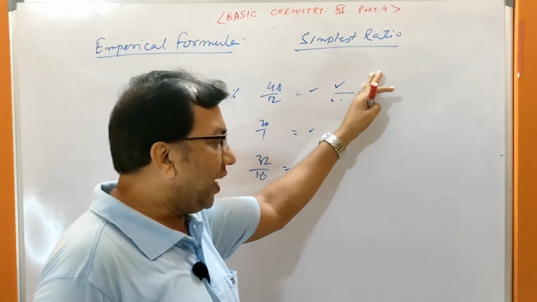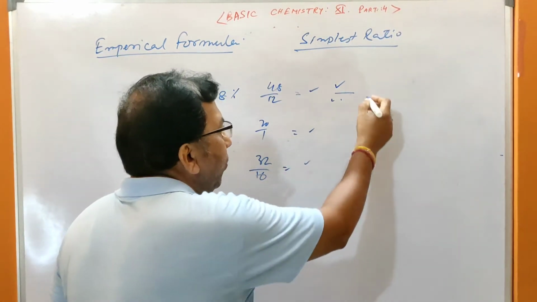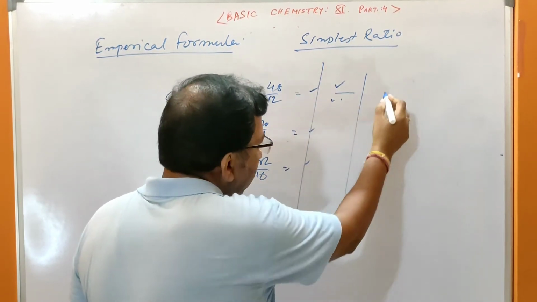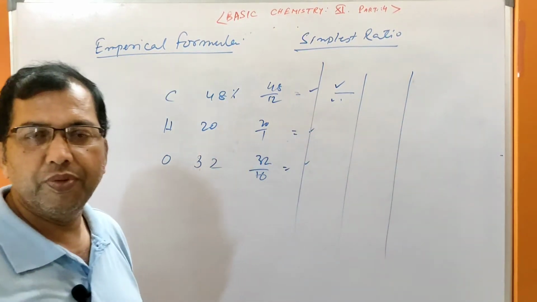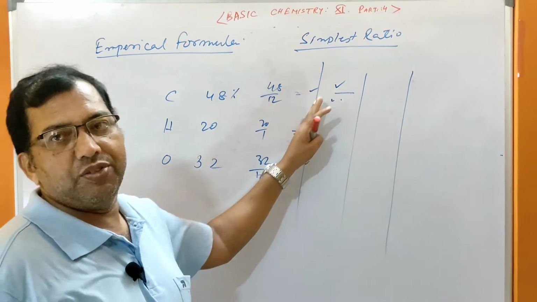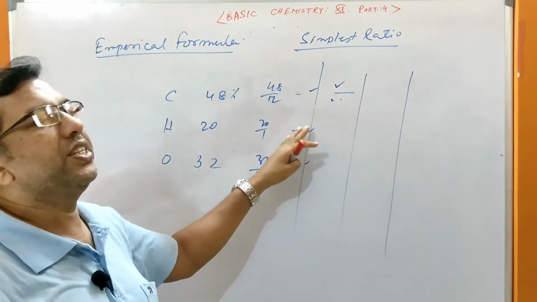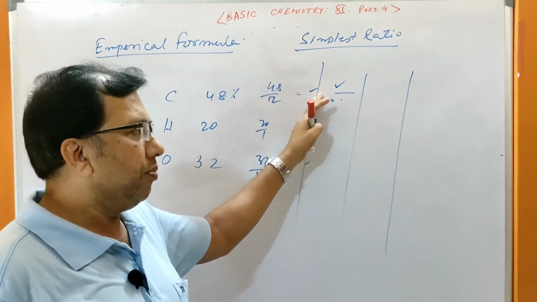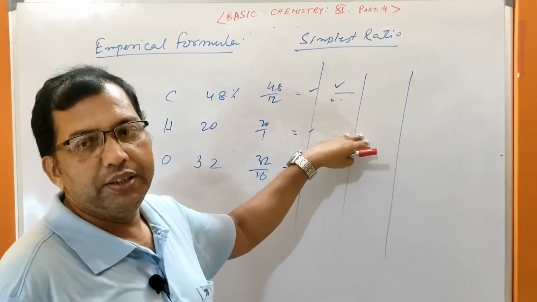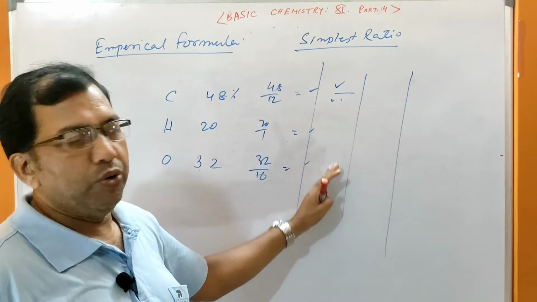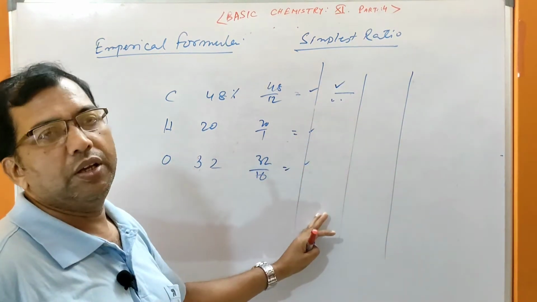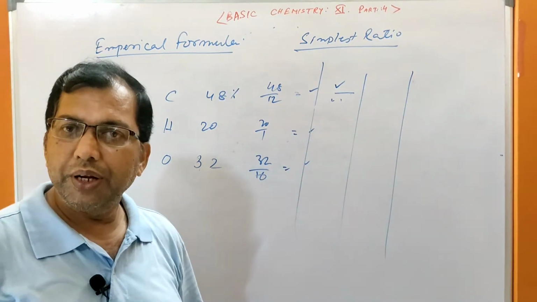In order to get the whole number ratio, we multiply this figure so obtained by a suitable integer. Divide, then multiply by a suitable integer with all these numbers to get a whole number ratio.